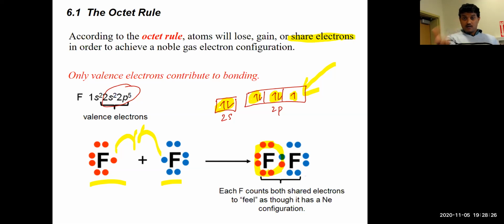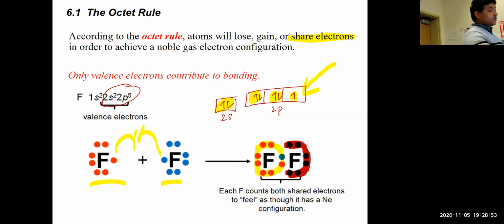Still fine, because it is still in its outer shell. So what we are looking for is having 8 electrons in its outer shell. That is how it is going to achieve the total of 8 electrons. And let's look at the other element also. So this element currently had 2 electrons here, 2 electrons here, 2 more electrons, so 4 electrons in its valence shell, 2 more electrons here, so a total of 6.